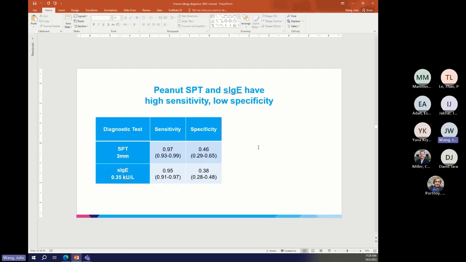Okay, so to give you some of the data, this is the sensitivity and specificity for peanut skin testing and blood testing. Both tests have high sensitivity but low specificity. So what that means is that if you test a person for peanut allergy with skin testing or blood testing, high likelihood you're going to catch the true allergics as well as some extra people because the specificity is low.